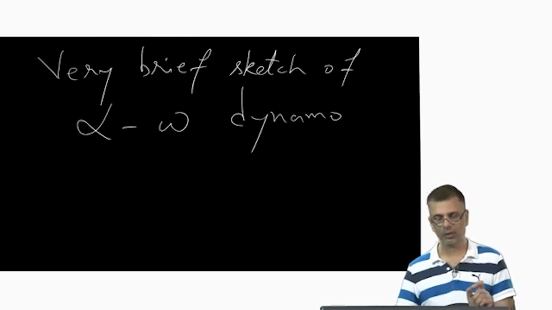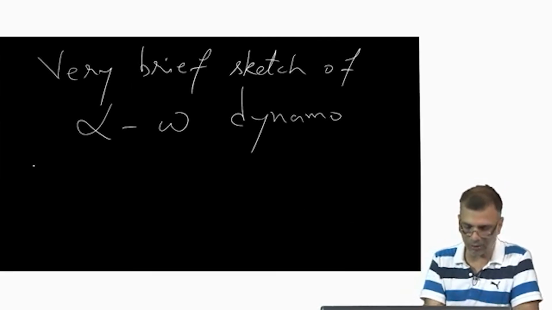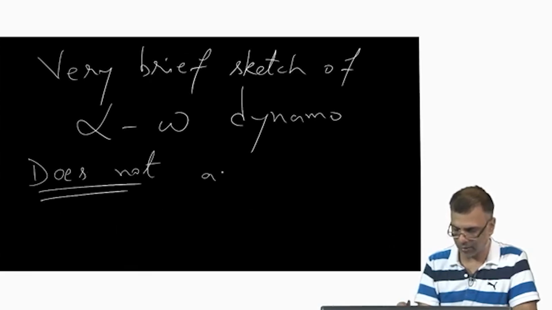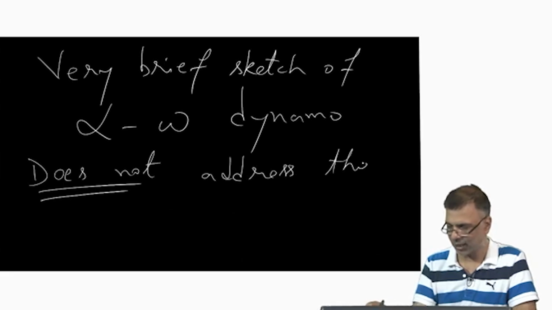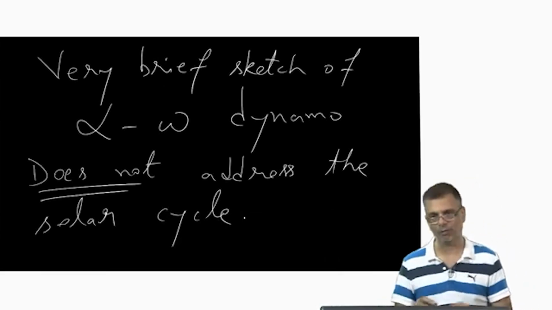It does not address, at least the way we have sketched it, the solar cycle, the 11-year change in the magnetic field. This is just a very basic sketch, that's all.